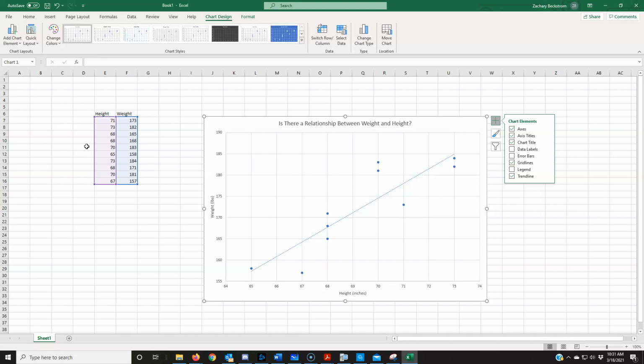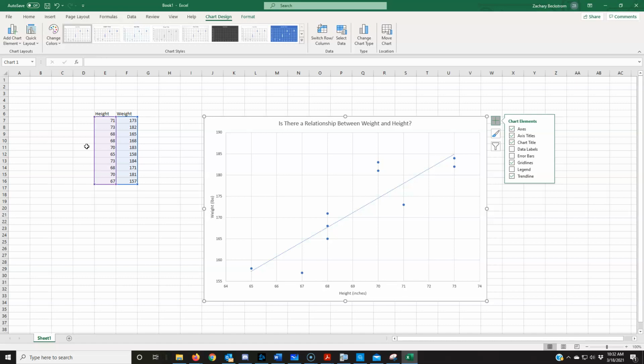And so when we talk about a cause-effect relationship, I think that we could use common sense there, right? That taller people are generally going to weigh more than shorter people. We can definitely see that there's going to be, on average, a cause-effect relationship there. It's not going to be true for every case.